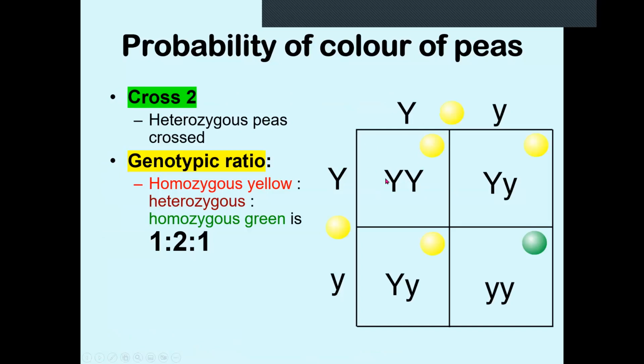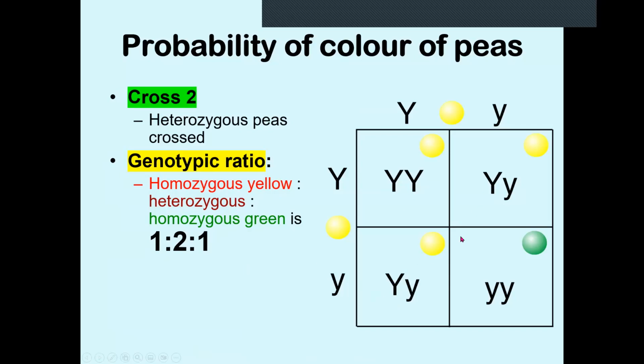It's the same as the eyes, the brown and the blue. Big Y, little y, big Y, little y, little y, little y. So the genotypic ratio here in homozygous yellow to heterozygous to homozygous green is 1 to 2 to 1.